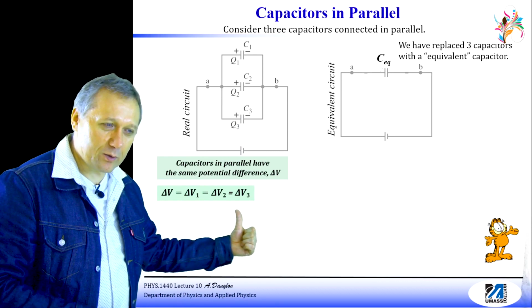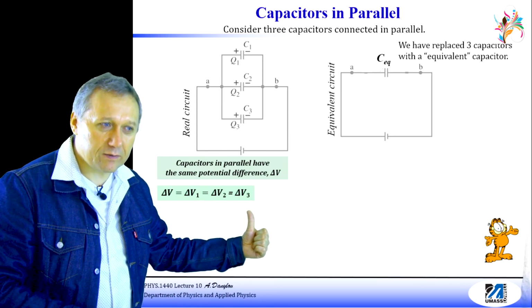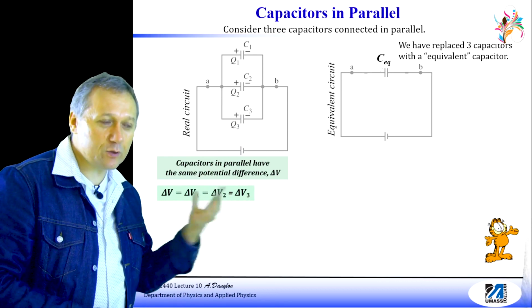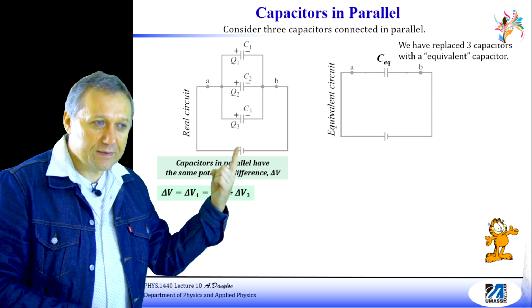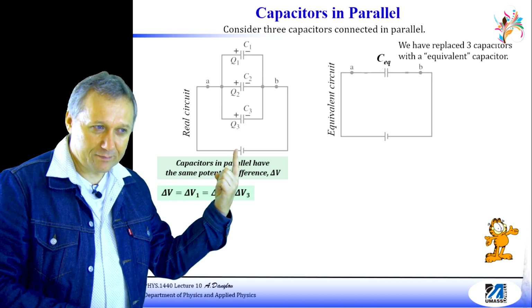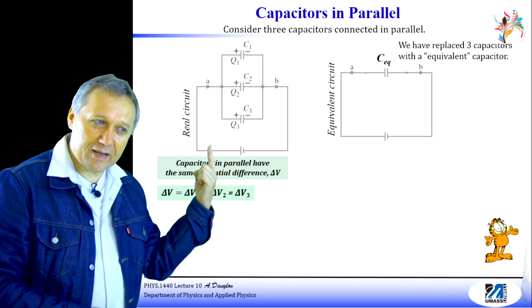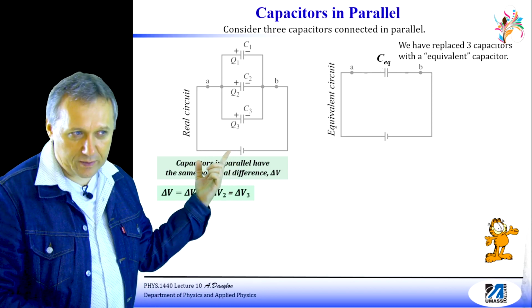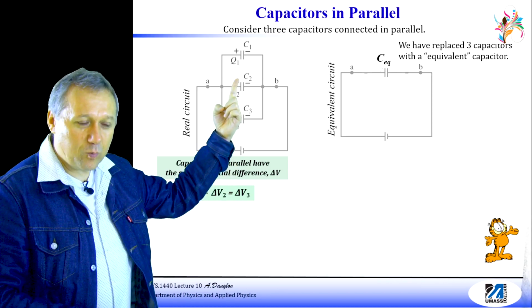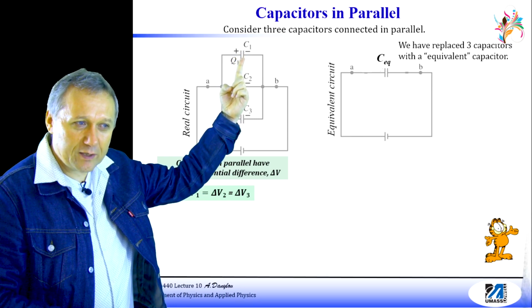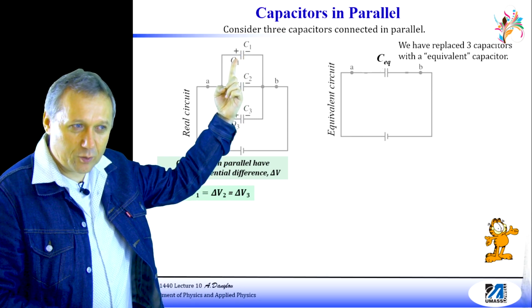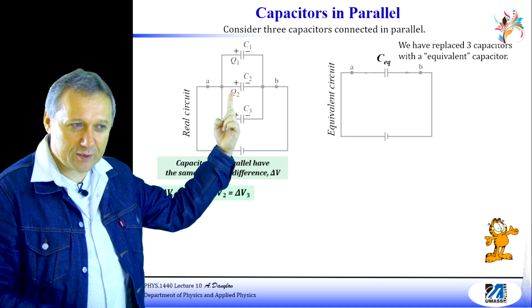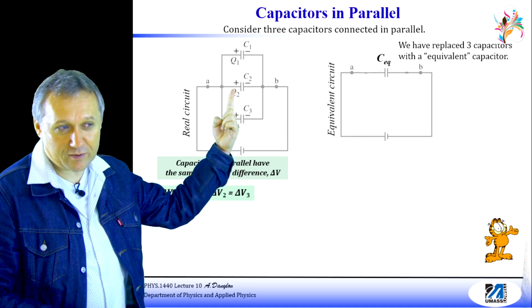Delta V1 must be equal to delta V2 and delta V3. Why? Because I can give you the same justification. Look, this electrode of the battery, it's a piece of metal, is connected to this wire, which is a piece of metal. Then that wire is connected to that electrode of the capacitor. So then it's also connected to this electrode of capacitor number 2.